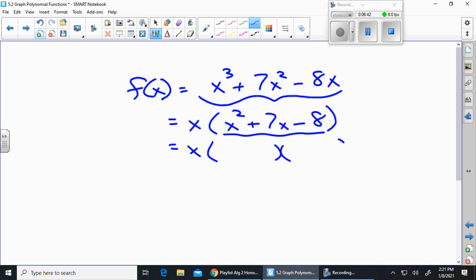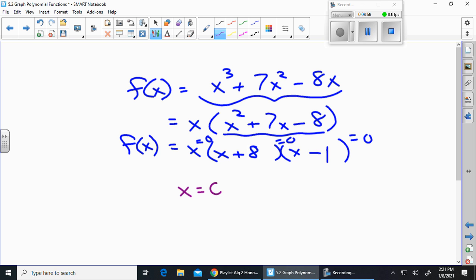That would be x plus 8, x minus 1. I can graph that. That's 0, that's negative 8, that's 1. So my zeros are 0, negative 8, positive 1. They all have multiplicity of 1, so they all cross, cross, cross.